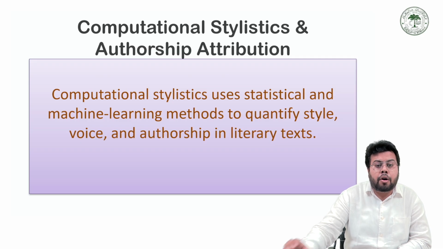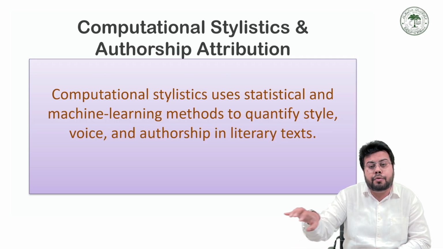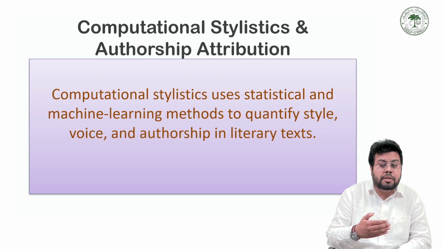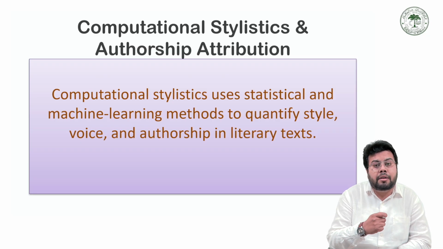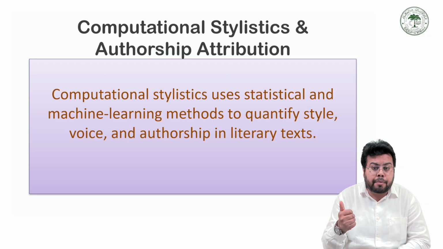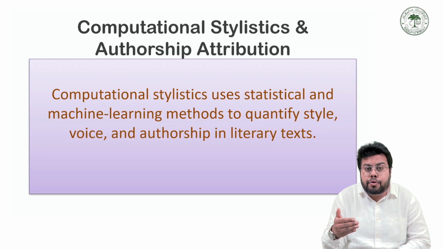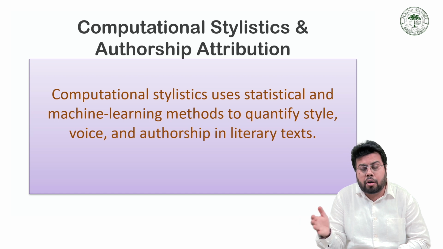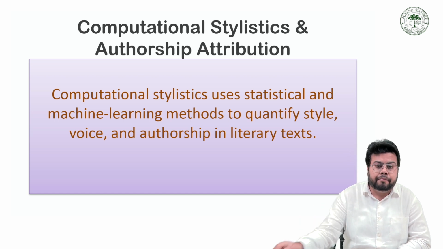So basically, authorship attribution gives credit to the author, whereas computational stylistics simply uses computers to study and measure writing styles. So it talks about only style, but authorship attribution gives the credit to the original author, or sometimes the ghostwriter or the co-author, or anyone who is writing under a hidden name or hidden pen.